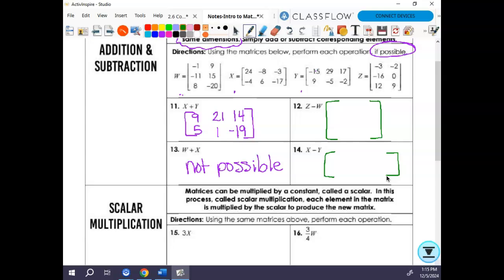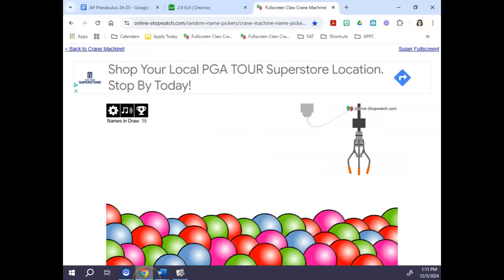What does this say? X minus Y. Oh. All right, let's see who's going to be my next helper.